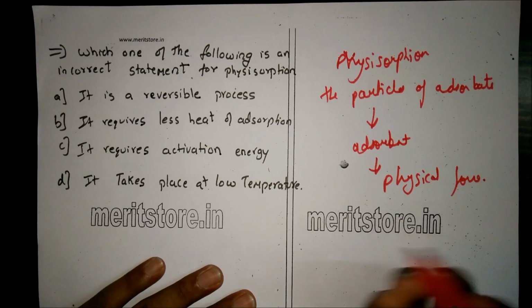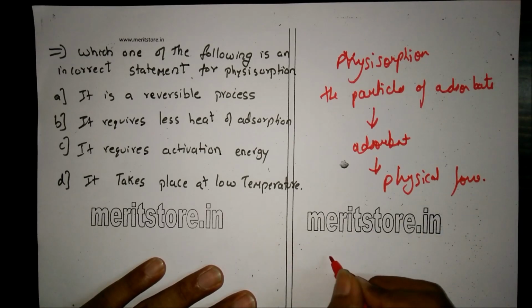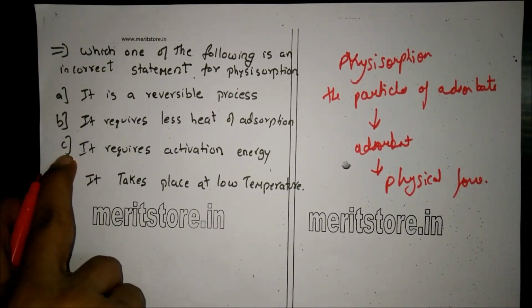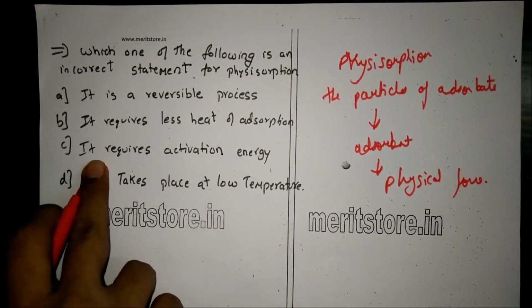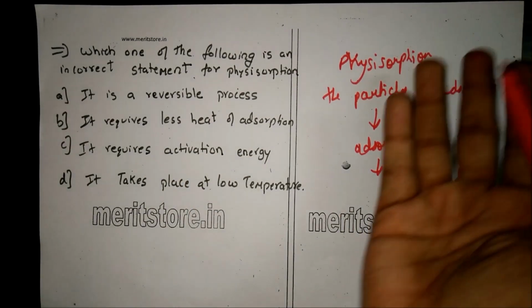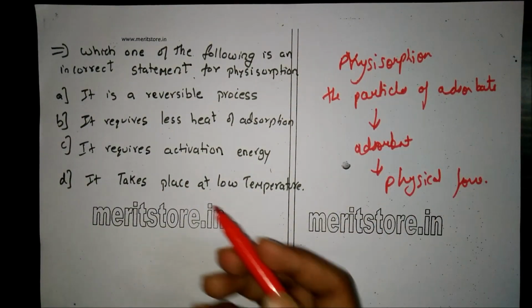Hence, they do not require any activation energy. Therefore, there is no need for activation energy. Out of all the four, option C is the wrong one, because it says it requires activation energy, which is wrong for physisorption. Therefore, the correct answer is option C.